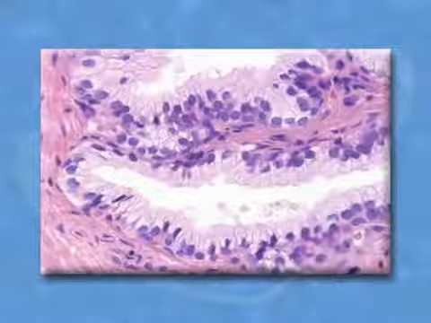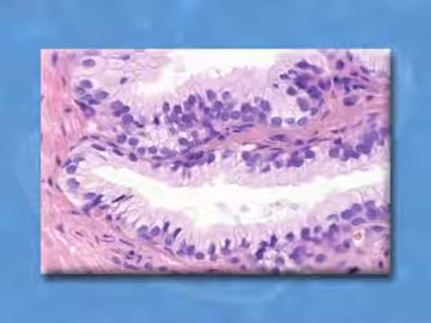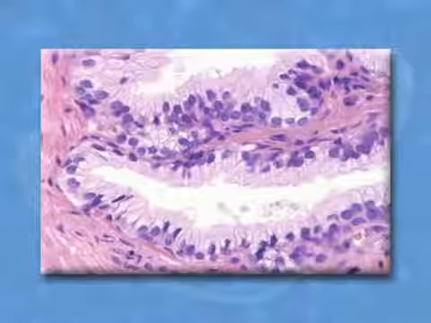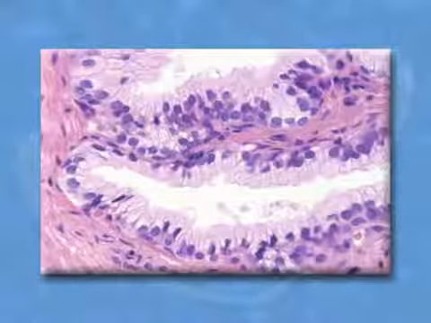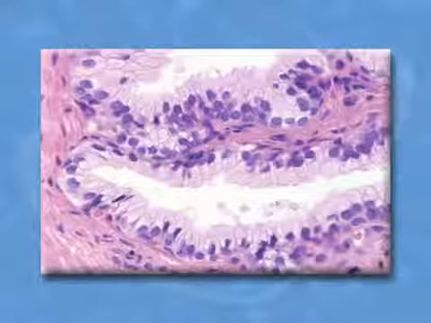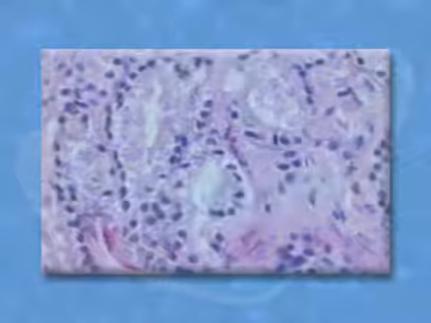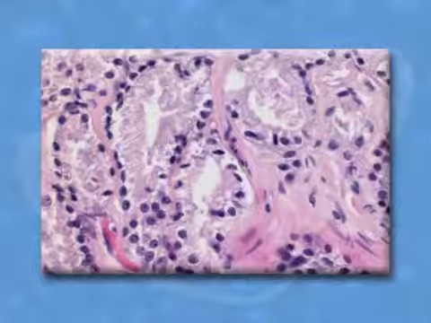If cancer is present, the pathologist will assign a Gleason grading number to the pattern that he or she sees under the microscope. For example, a Gleason grade 2 malignancy has this type of pattern.